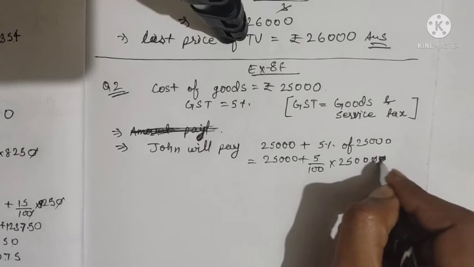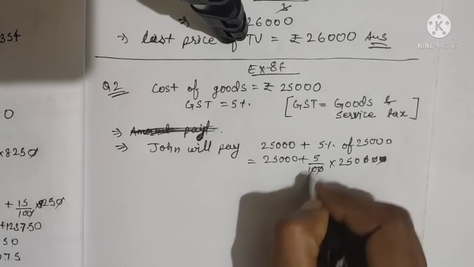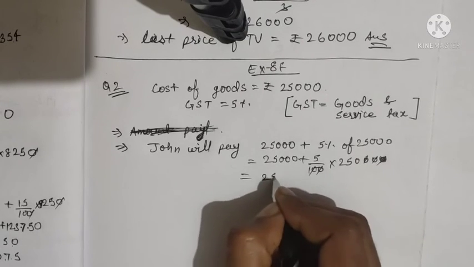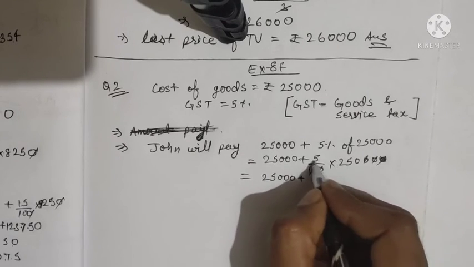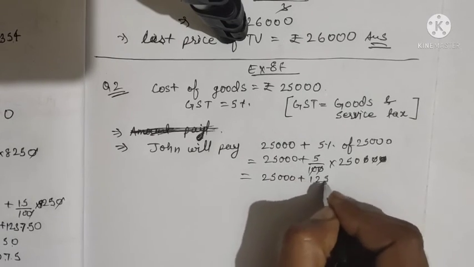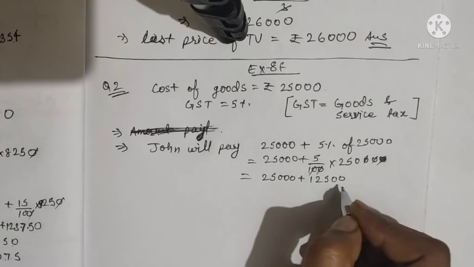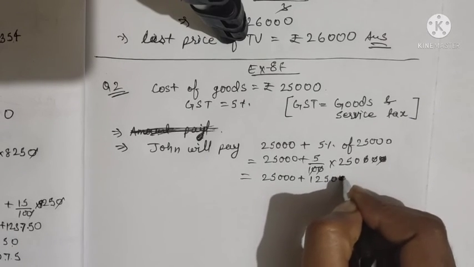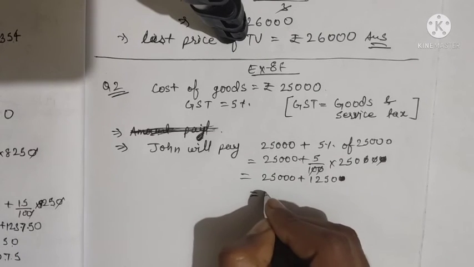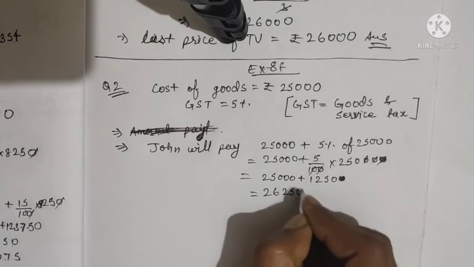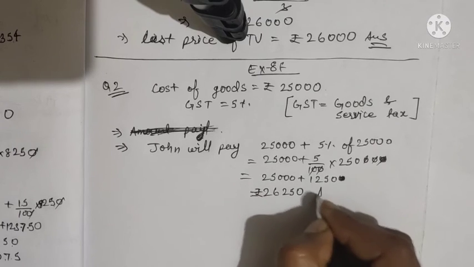Now 0 0 cut, so it will be 25,000 plus 25 into 5, which becomes 125. So it will be 1,250, which means 26,250. This is your answer.